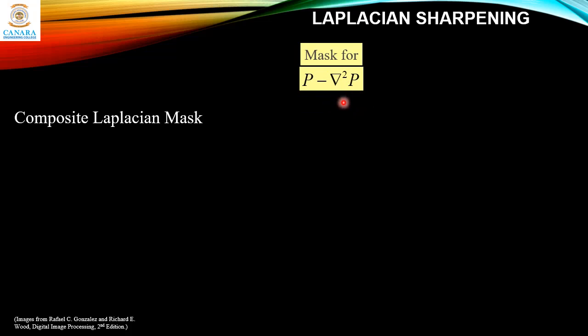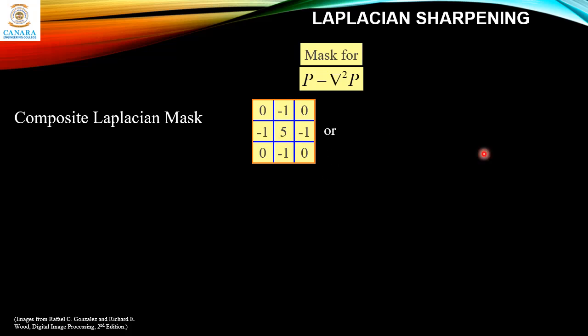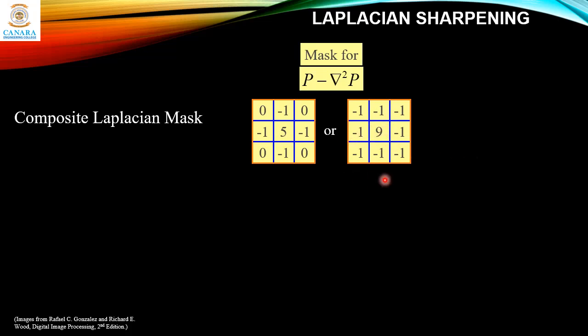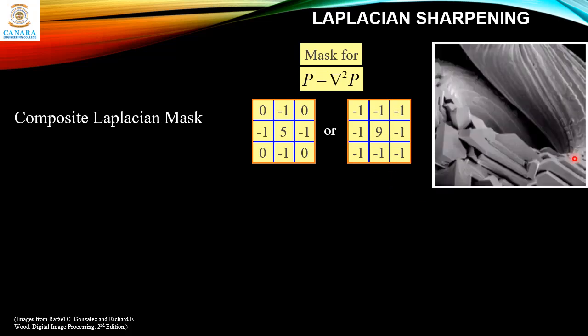If the weight is negative, subtract. If the weight is positive, then add. So this is the composite mask that we are talking about. This is 4 plus 1, 5, or you can also have 8 plus 1, 9 at the center. This plus 1 is what adds the original image to the Laplacian filtered image.